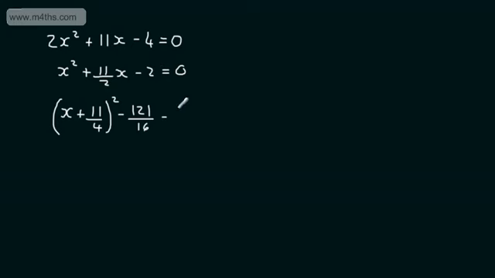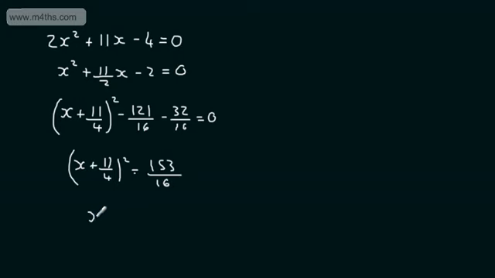Now 2 over 16, if I put 2 into 16, I'm going to have 32 over 16. So from here, I've got x plus 11 over 4, all squared, will be equal to 153 over 16. I've simply added those two fractions together and put them on the other side.